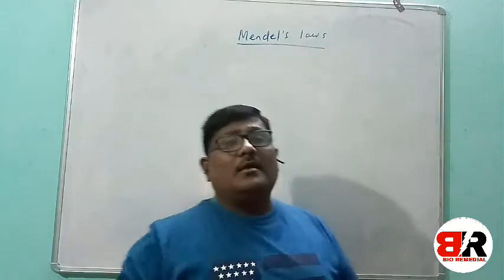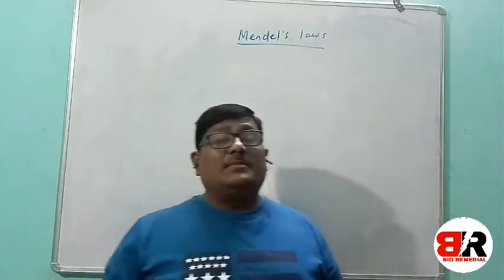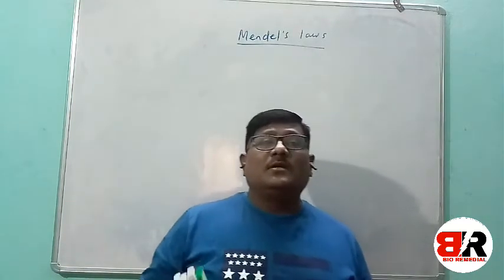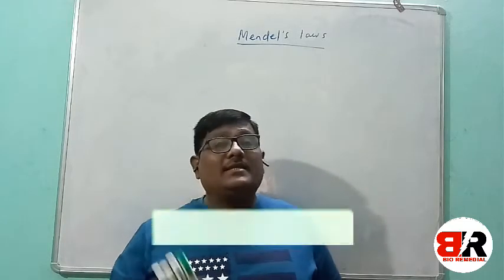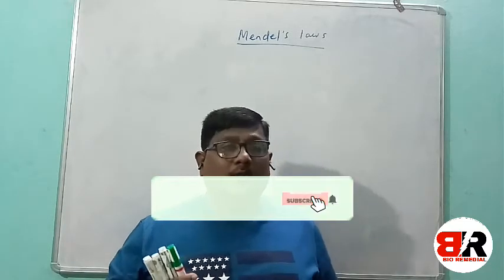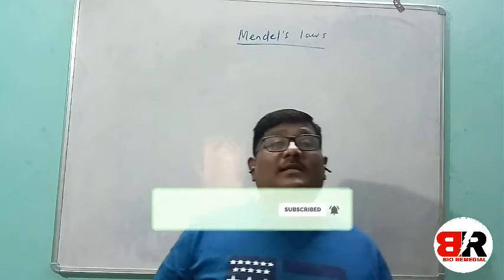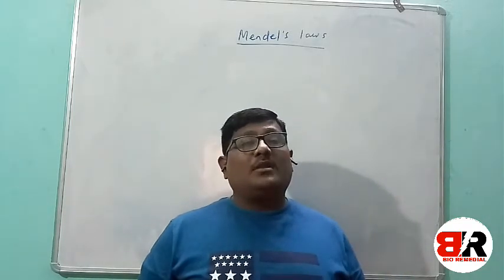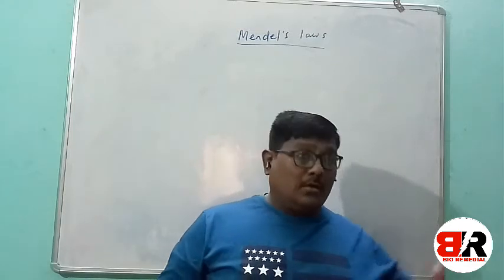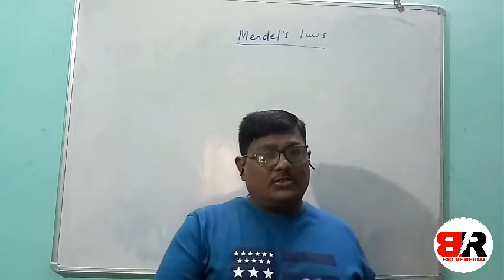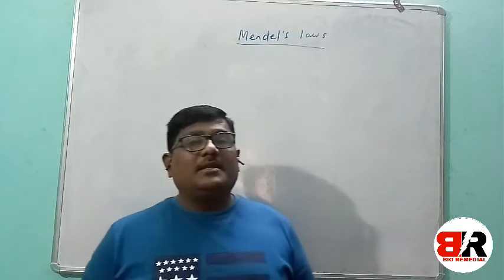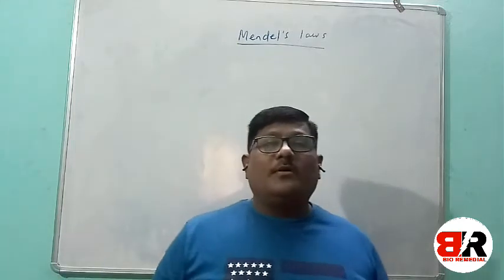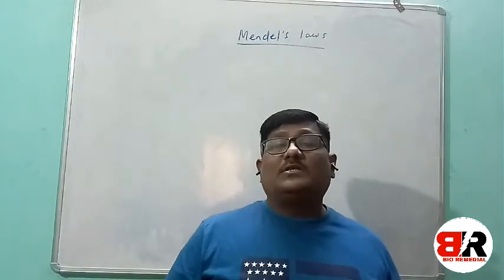Students, Mendel's experiments were about hybridization. Mendel selected garden pea plants. Why he selected them, you all know. In the monohybrid cross, Mendel selected a tall plant and a dwarf plant and crossed them. He found that in the F1 generation all plants were tall, but in the F2 generation the tall to dwarf ratio was 3:1.